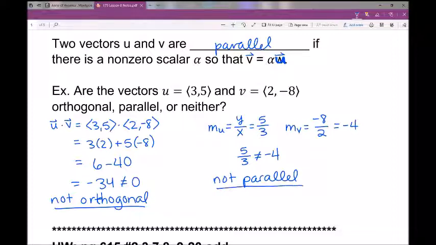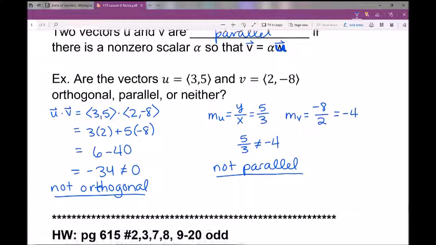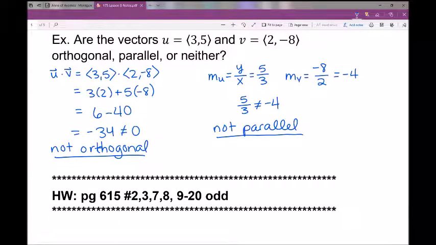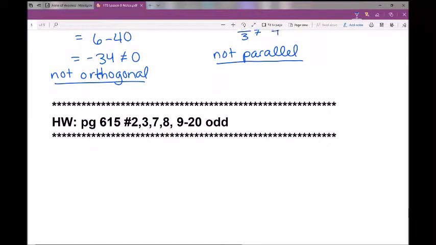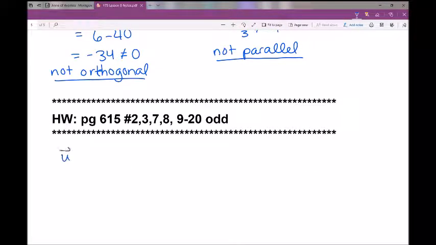Okay, now just to give you an example of two vectors that would be parallel, let's say as an extra example that you had the vector u equal to 2, 4, and you had the vector v equal to 1, 2. Now I think this example is kind of obvious, but it's a good, easy example to start with.